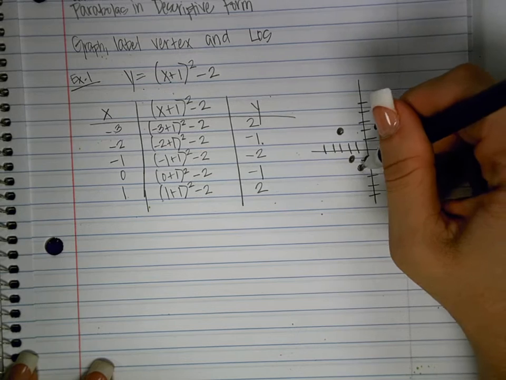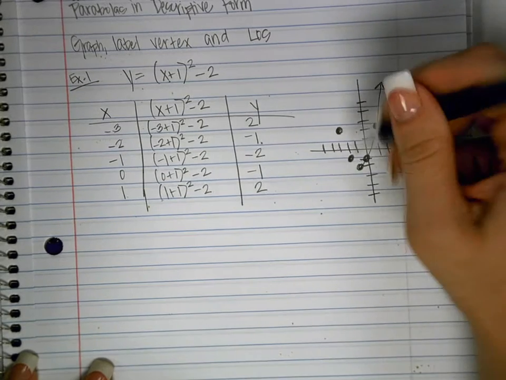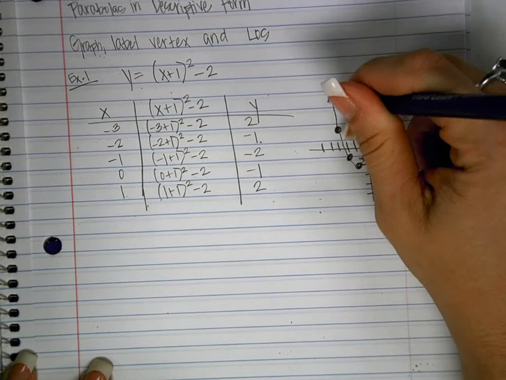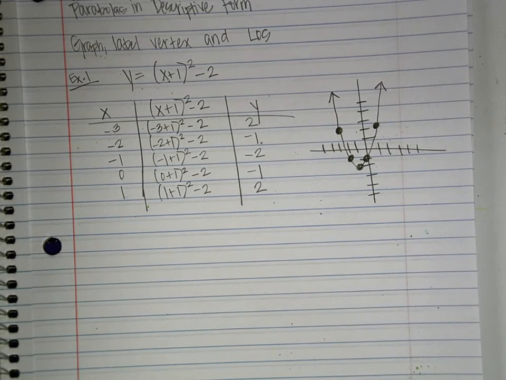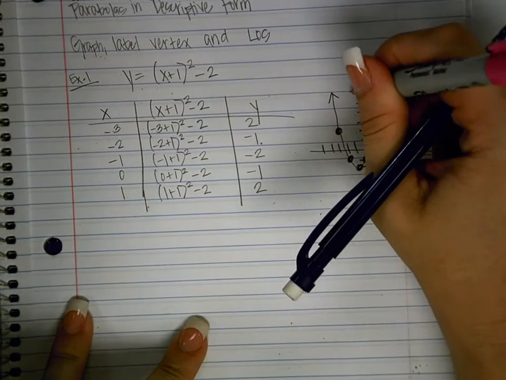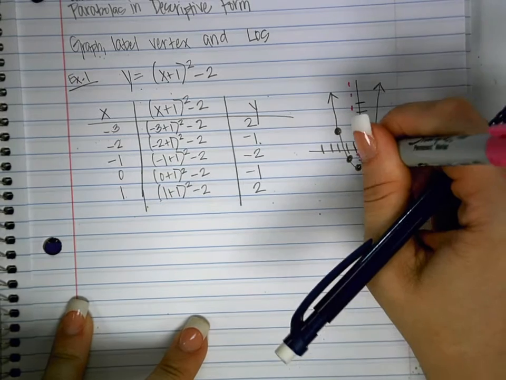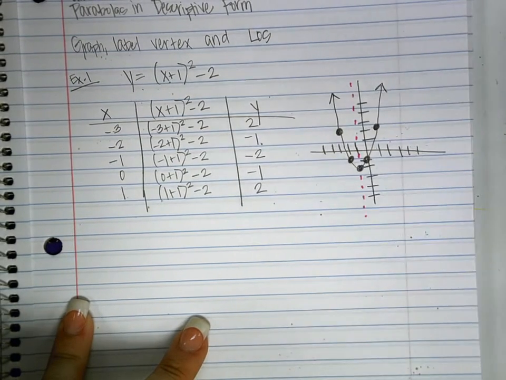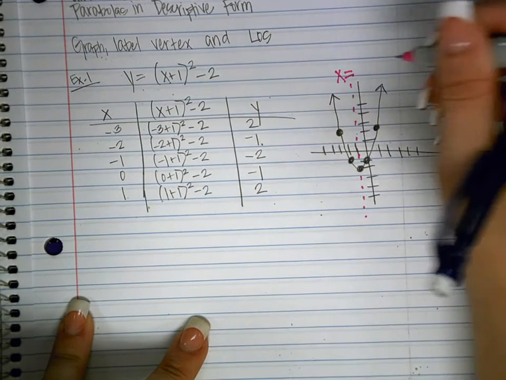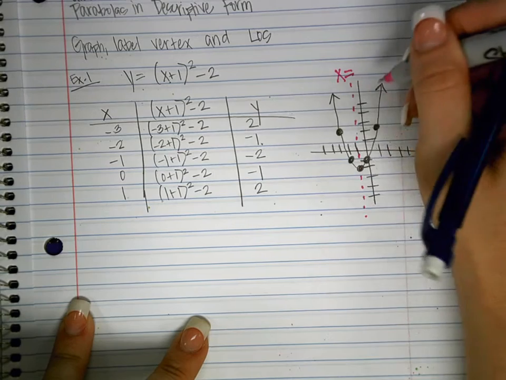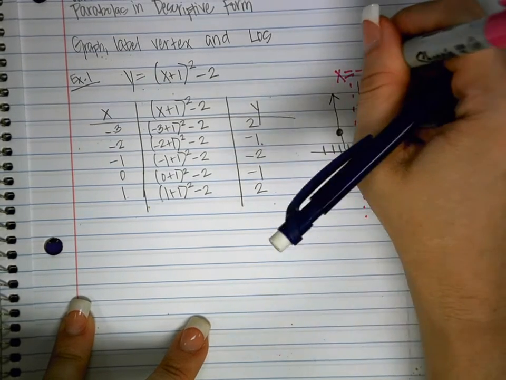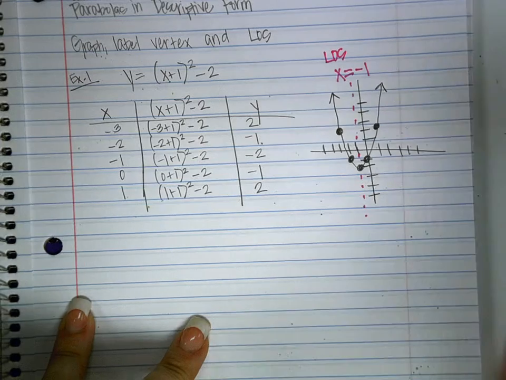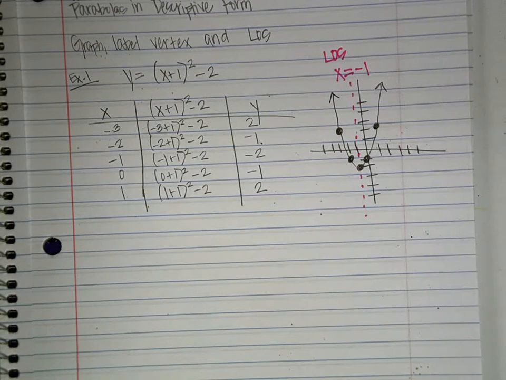Yes. So where would be the line of symmetry? Straight down the middle. At x equals what? X equals -1. So your line of symmetry is x equals -1.